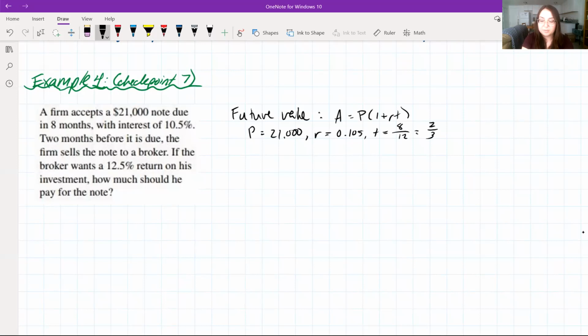So to calculate our future value here, we're going to get A is equal to 21,000 times 1 plus 0.105 times 2/3.